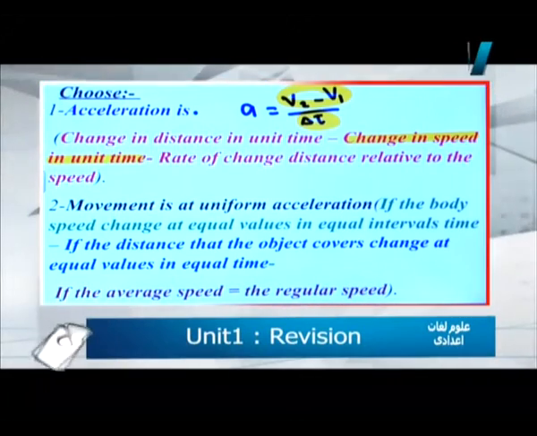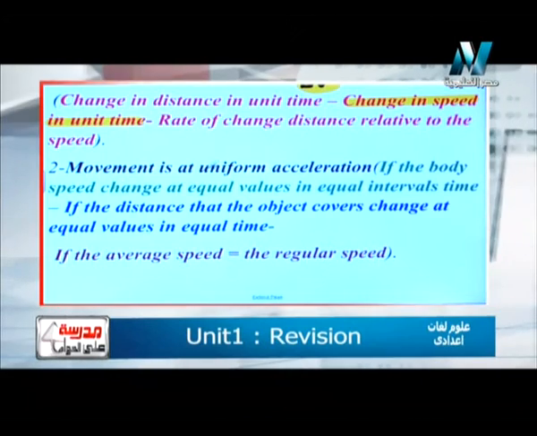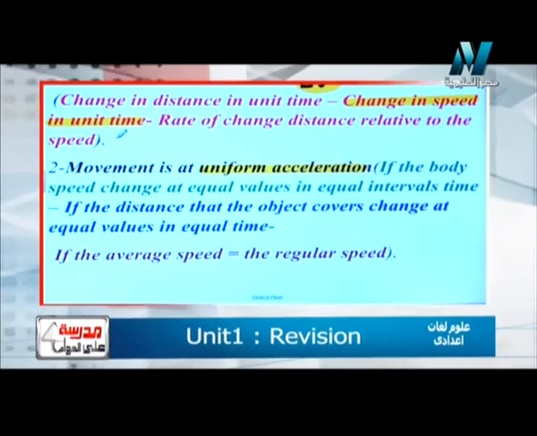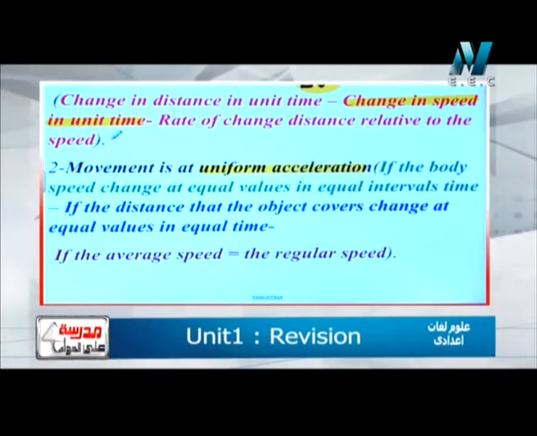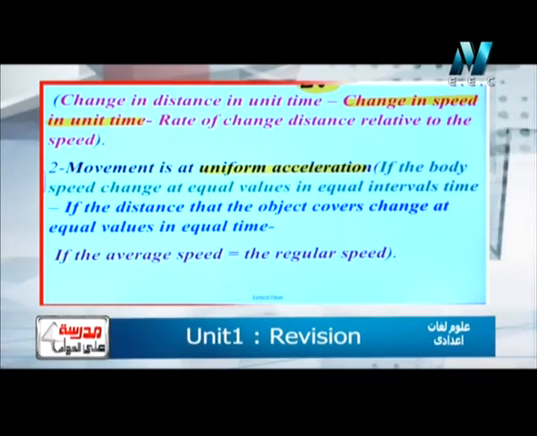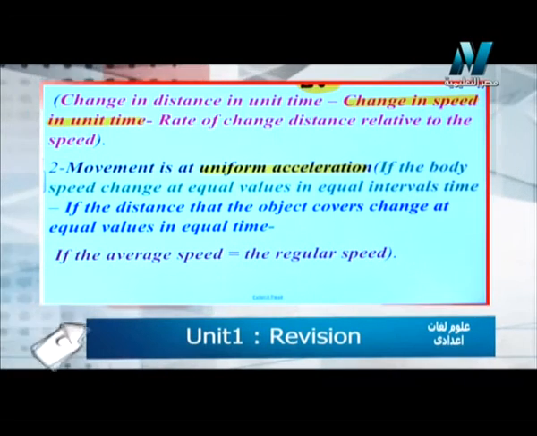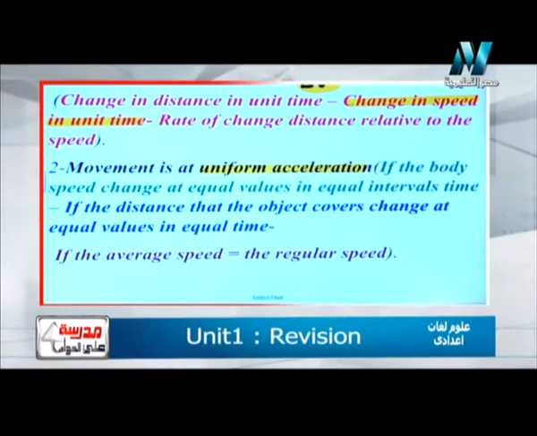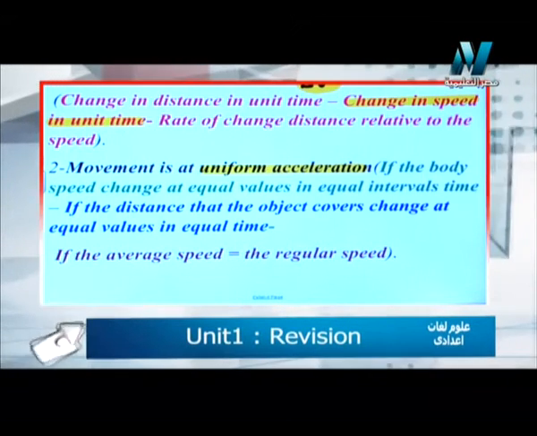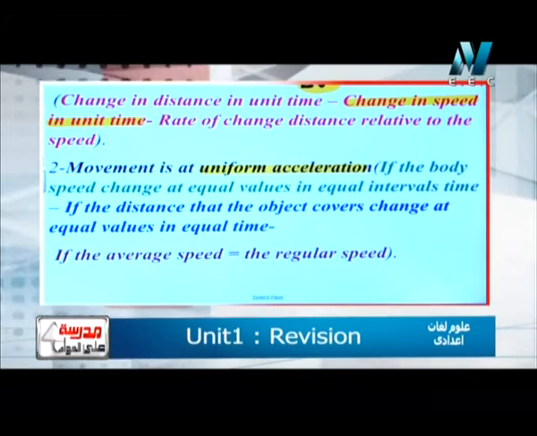Number 2: movement is at uniform acceleration. Here we talk about uniform acceleration, and we know acceleration is the change in speed per time unit. So number 1, if the body speed changes at equal values in equal intervals of time; or number 2, written in blue, if the distance the object covers changes at equal values in equal time; or number 3, in brown, if the average speed equals the regular speed.